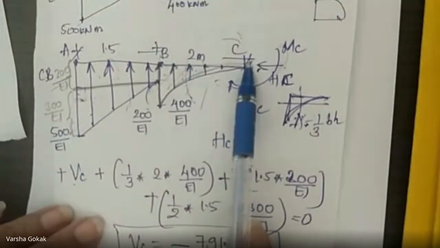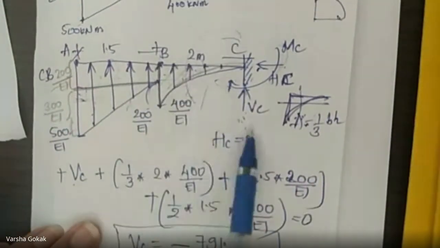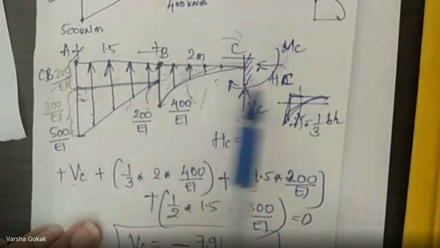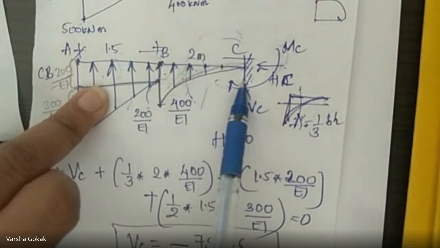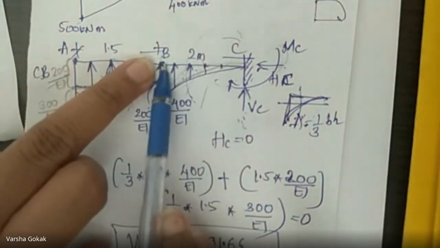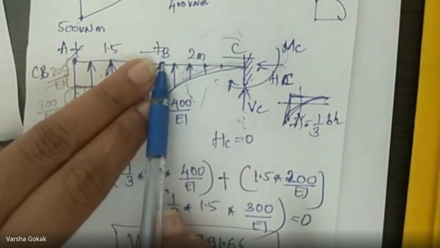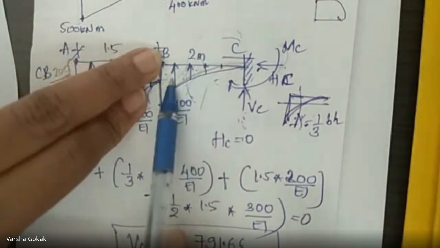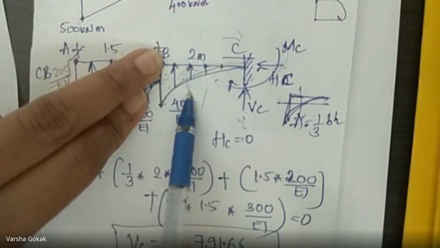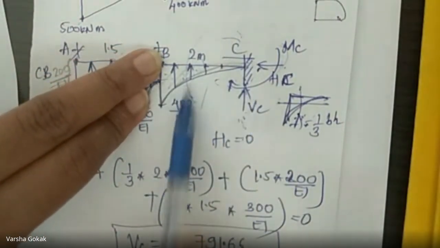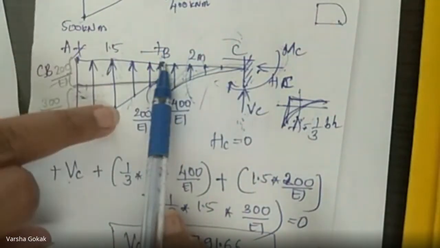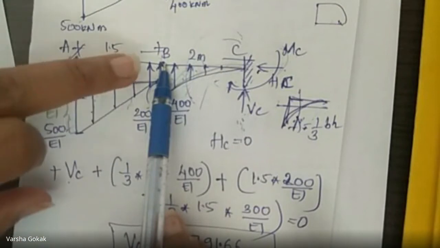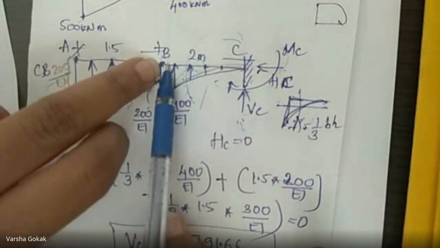At point C, we took all this VC and from one side we started with plus VC, and these were also there, so it came as minus. So now I want to calculate the shear force at point B like that. You can start from any one side of the beam. If you start from here, it is plus VC and then the area of this. If you start from this side, it is these two. Correct, no? So tell me how to calculate. You tell me, I will go accordingly.